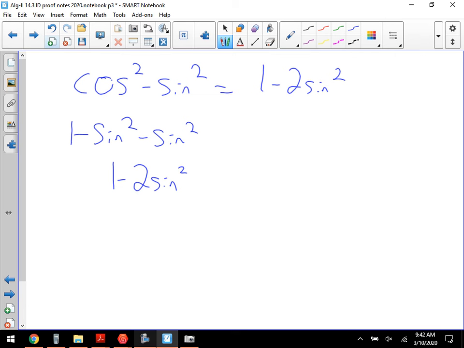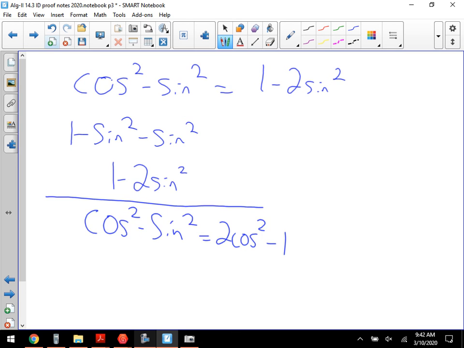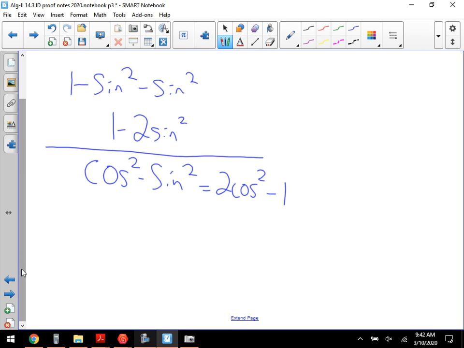Okay, same idea with number 34. Instead of rewriting it in terms of sine squared, we're writing it in terms of cosine squared. So now I went from a cosine squared and a sine squared to having 2 cosine squareds. So write sine squared. This is the part you have to be careful with, though.